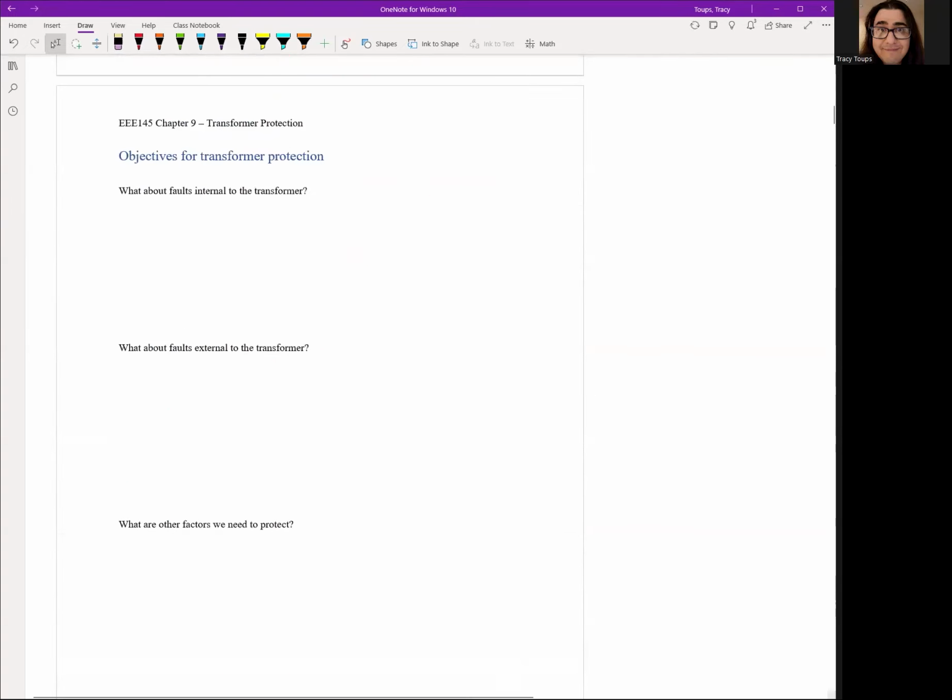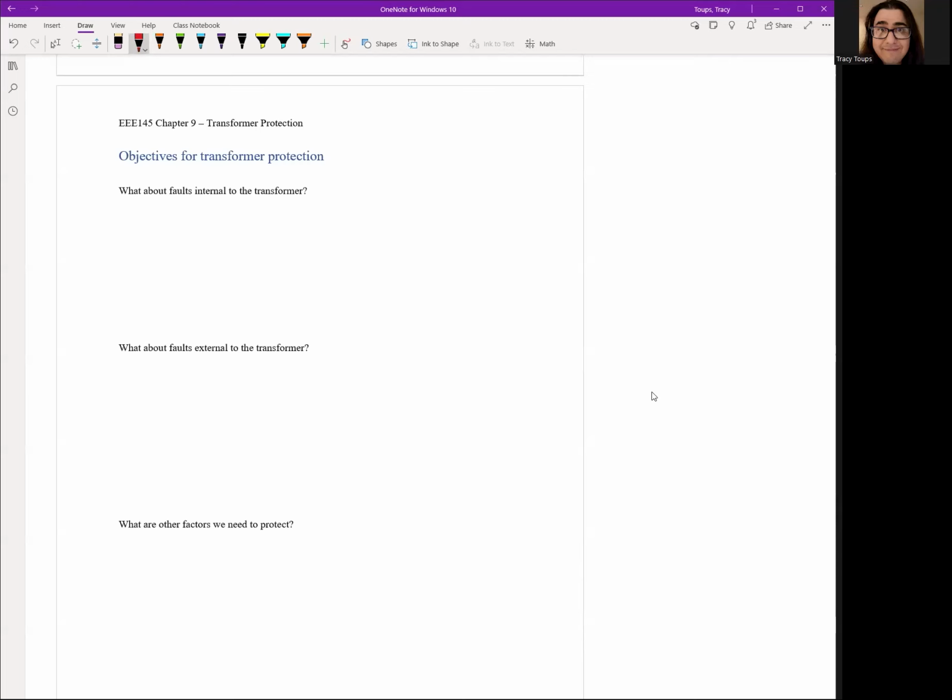Now we see how a substation is built. Let's talk about protecting it. By far, the transformer is the most expensive device in the substation, so it needs the most attention. Also, when a transformer fails, it's a big deal because that causes the most problems in the substation.